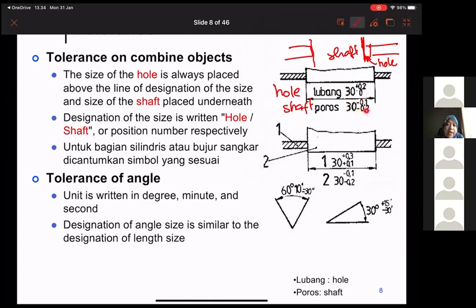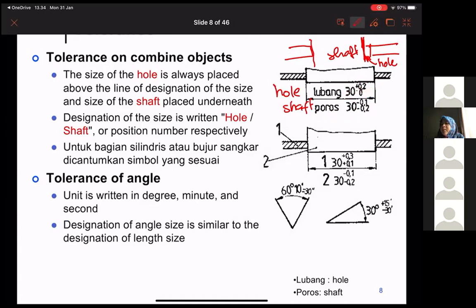But the hole should be larger than the shaft, at 30.02 for the upper deviation and 30.0. So the machine should be able to manufacture those parts.